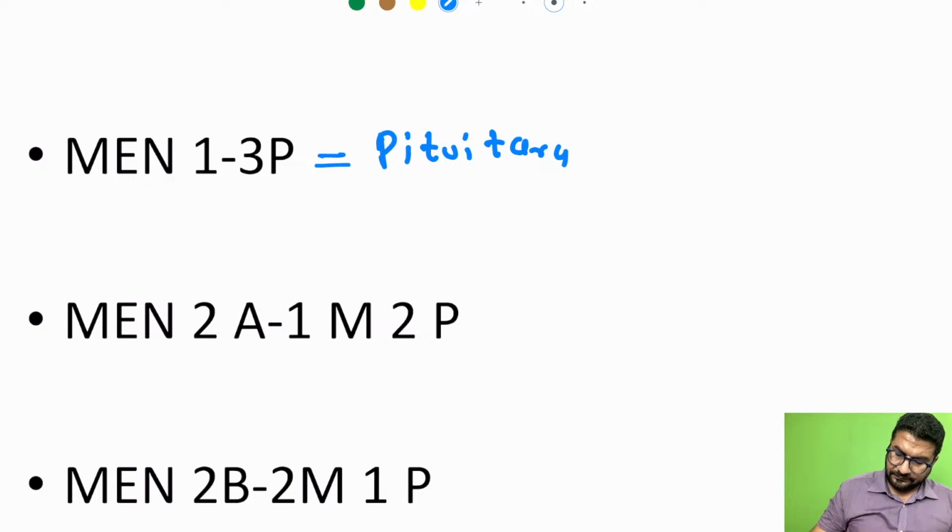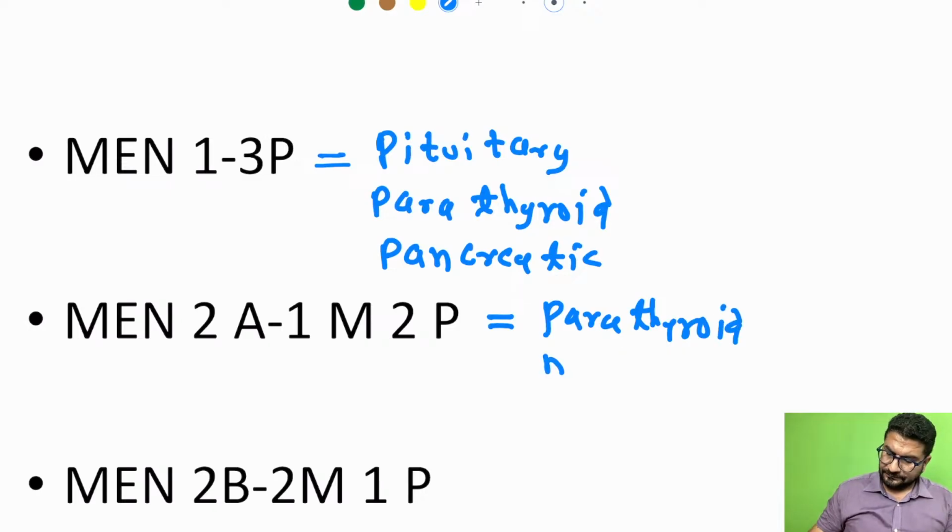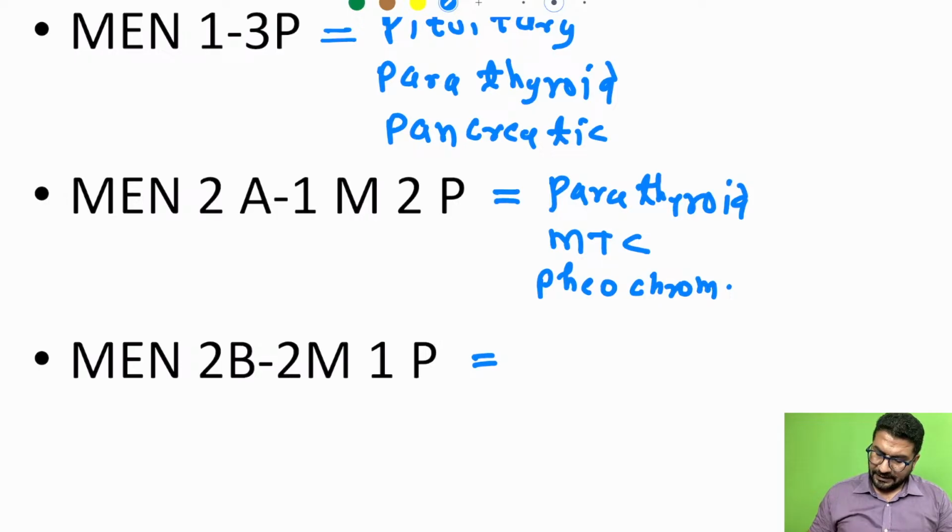Pituitary, parathyroid hyperplasia or tumor, and pancreatic tumor. In MEN 2A there will be parathyroid, MTC, medullary thyroid carcinoma, and pheochromocytoma.